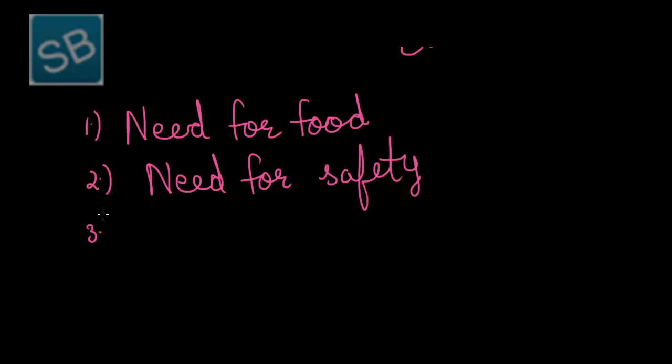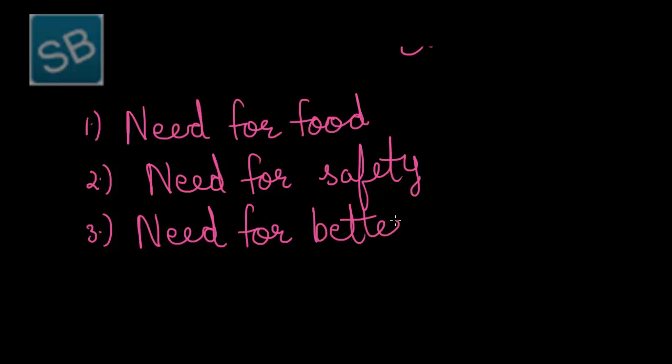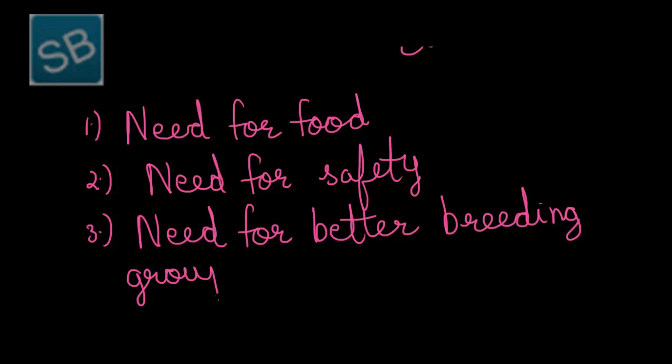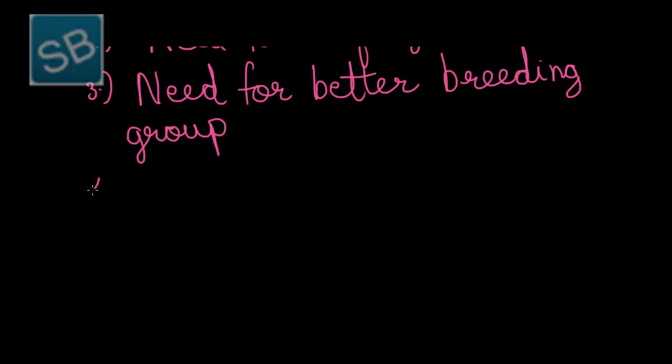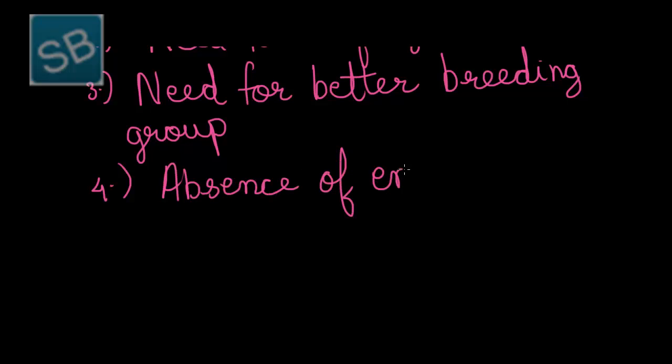Third, the need for a better breeding ground, because a better breeding ground can help in better reproduction. Further, other factors like absence of enemies, through which their survival becomes long-lasting.